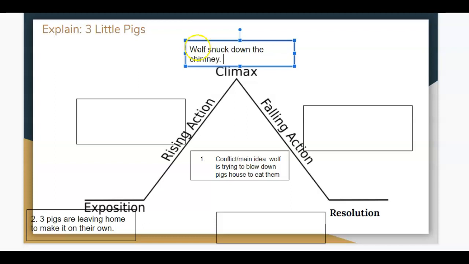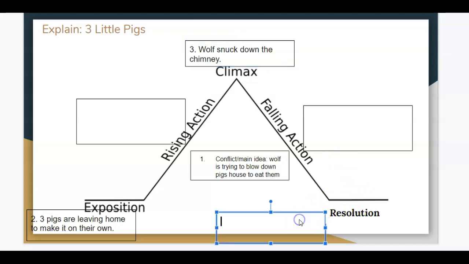And this is the third thing you'll do. So I've got the conflict, which is the wolf trying to blow down the pigs' house. The setting, well, the 3 pigs are leaving home to make it on their own. So when do the 3 pigs actually face the problem? It's when the wolf snuck down the chimney.